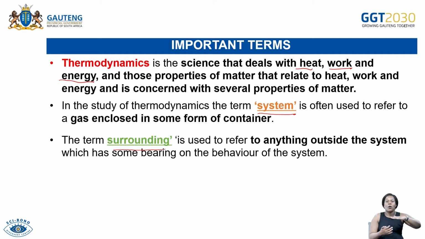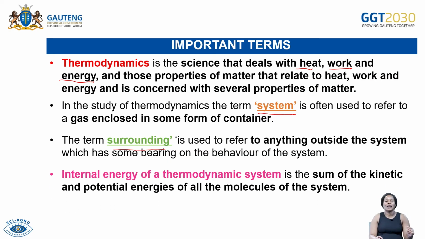However, if I open the lid, as soon as my water starts boiling, the vapor is going to interact with the air, or with its surroundings. So there will be an open system, as compared to the one where I have the lid closed, which we refer to as a closed system.